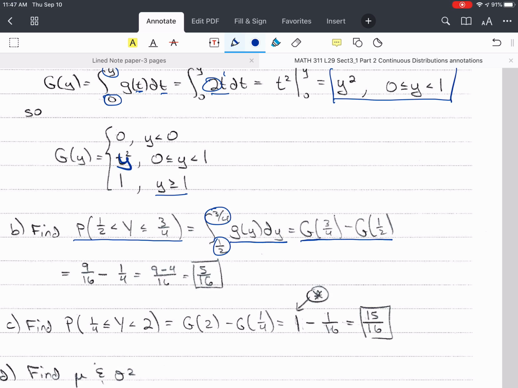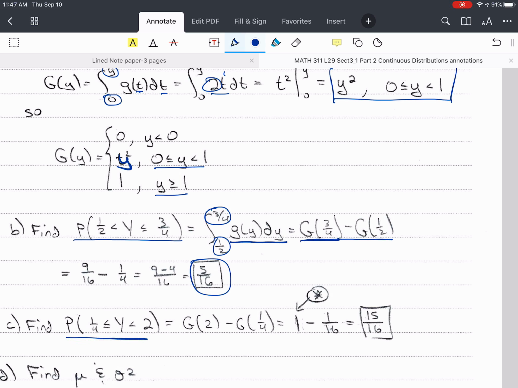So 1/2 and 3/4 are in the support of y, so we can just plug in G of 3/4 minus G of 1/2. And when we do that, that's a square, so we get, remember to take the larger number first, 3/4 squared is 9/16 minus 1/2 squared is 1/4. Find a common denominator, leave it as a fraction. So that means a little bit of fraction work, but that's good for you. Gets you used to it. Make sure you have an exact answer.